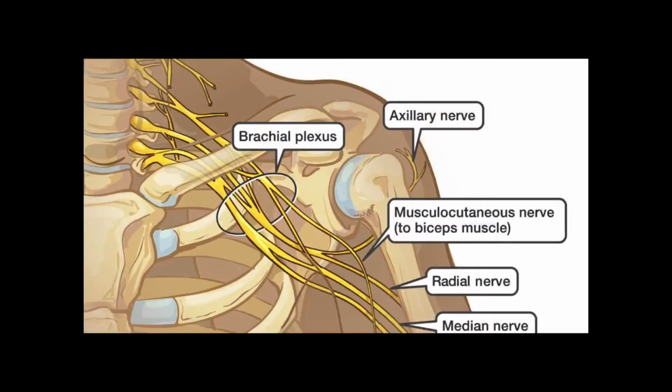Now to help me distinguish between the locations of my radial and axillary nerves, I want to use a different image, so let's go. Okay, so to distinguish between these two, the radial and axillary nerve, I believe it's important to be able to help visualize where we're at. So what I did to help remember the axillary nerve is associate it with my armpit.